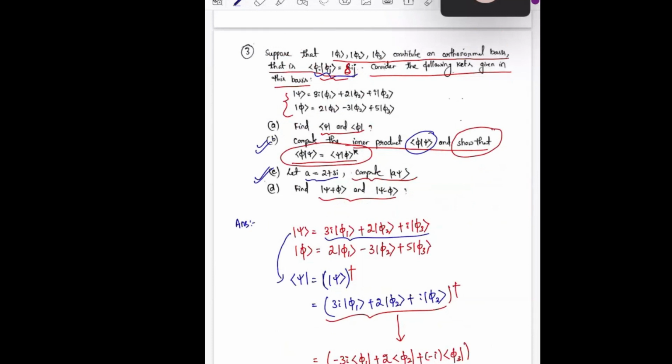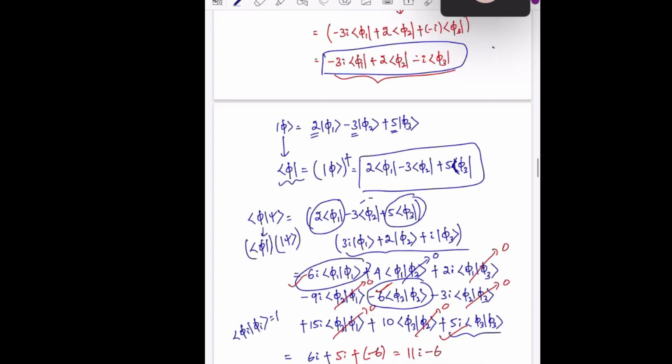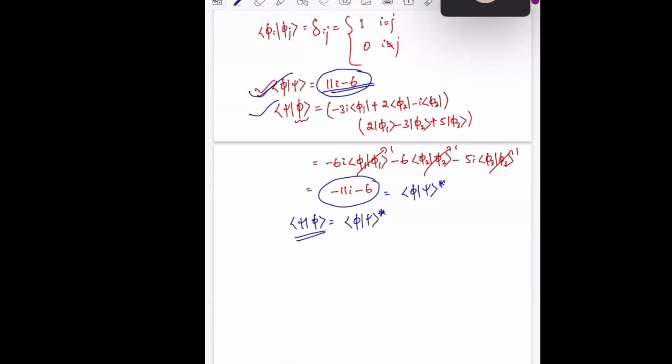So I think the screen is visible to everyone. So let's solve this one. Now a constant vector A is given, and it is asking for the value of A psi. A psi is nothing but multiplying a constant vector with the initial ket vector psi.